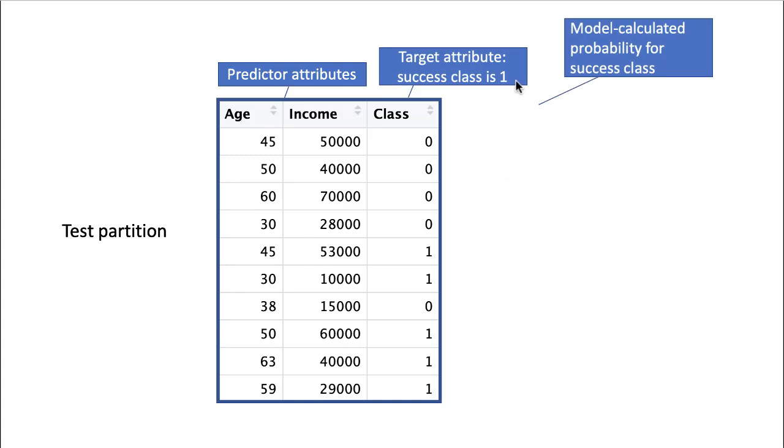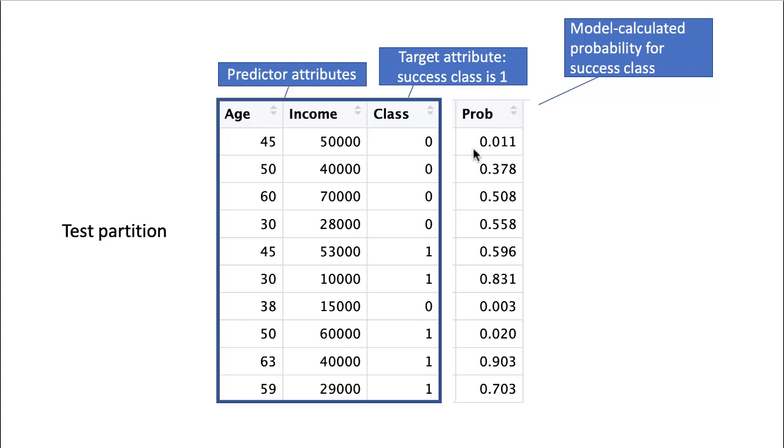And the success class, let's assume, is 1, which means that the probability that we have is the probability for the success class. In this case, it's saying that the probability of this case being a 1 is quite low, 0.011, and true enough, it's actually a 0. In this other case, it's saying the probability of this case being a 1 is pretty high, 0.903, and we see that it's in fact a 1.